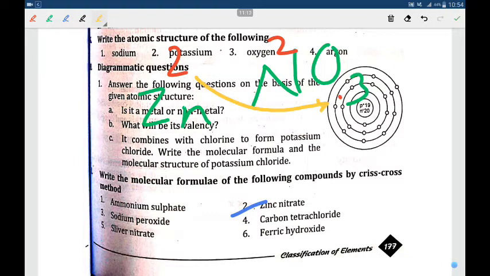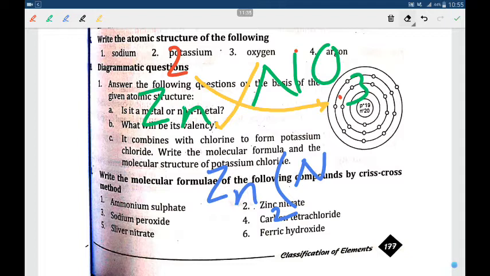Criss cross. Now what do you get? Zn, bracket start. Oh, the valency of 2 is wrong, eh? The valency of nitrate is 1. Okay students, this became wrong here.